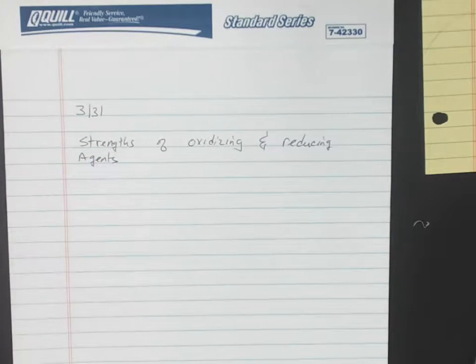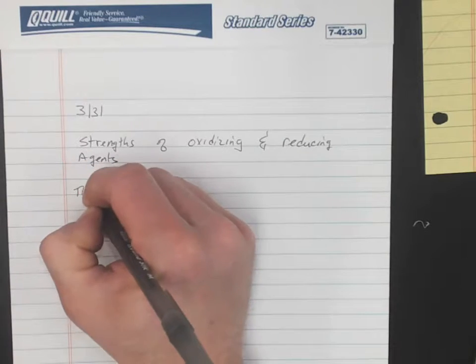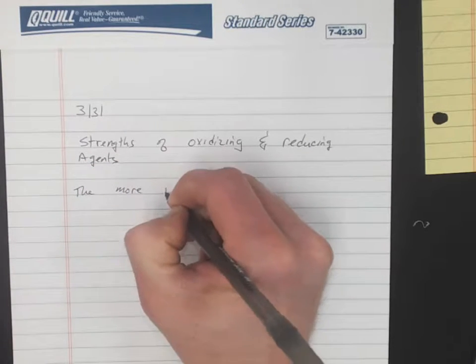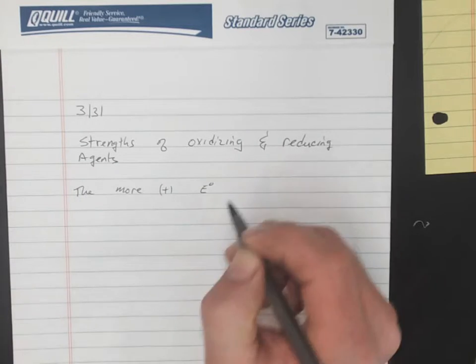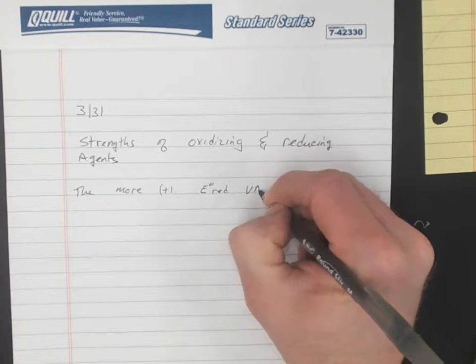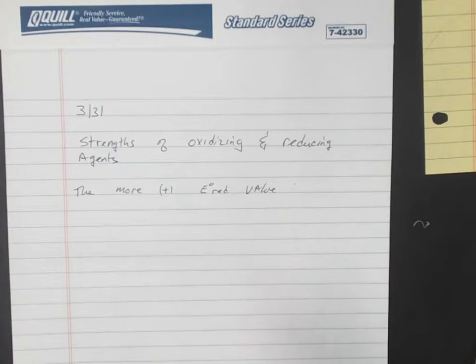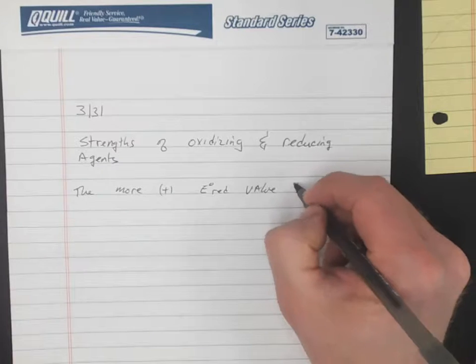A couple things about this. We kind of just went over this in the homework, but the more positive the E0 reduction value, the stronger the oxidizing agent is.